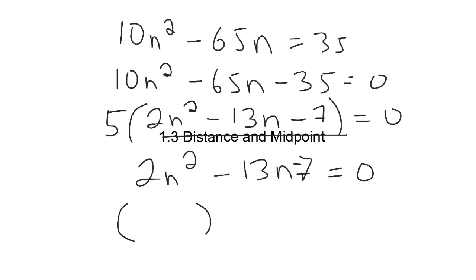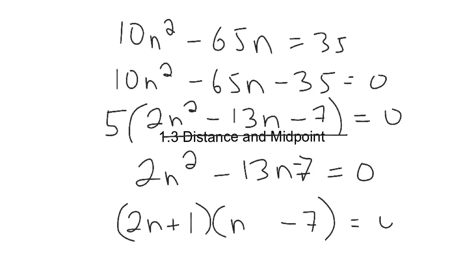So if you want to factor this, you get 2n and n. Negative 7 is 7 times 1, so I will do 7 and 1. And now think about the signs. To get a negative sum, I have to make this negative and this positive. Again, how do I know this? I just did the factoring in my head. But if you're confused about this, I wouldn't stress it. You can also use the quadratic formula.